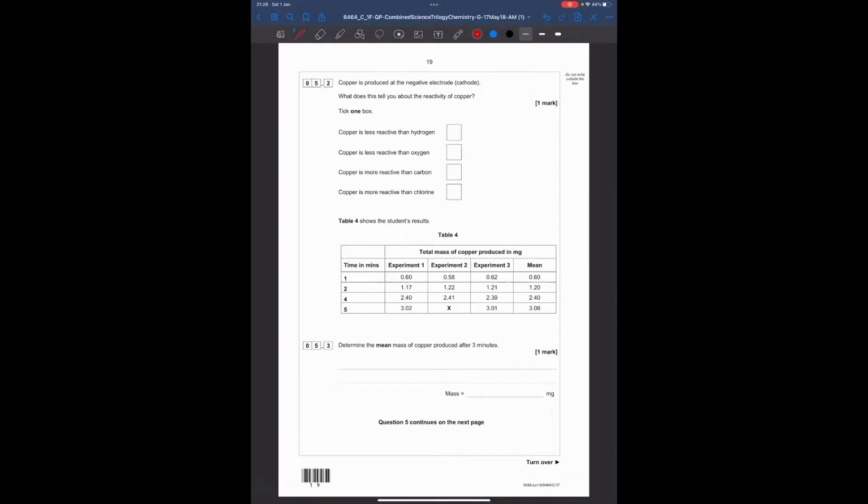Question 5.2, as we've just seen, copper is produced at the negative electrode. What does this tell you about the reactivity of copper? Now, the rule is that if a metal is more reactive than hydrogen, then hydrogen will get formed, not the metal.